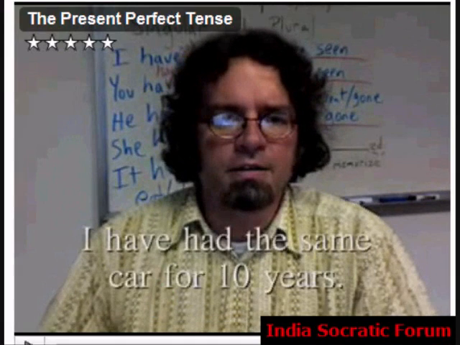One more thing about the present perfect is, sometimes you have had or have as the main verb, so you will be having have, had, the same verb two times to denote a present perfect tense. For example, I have had the same car for 10 years is one example of using have as the main verb.